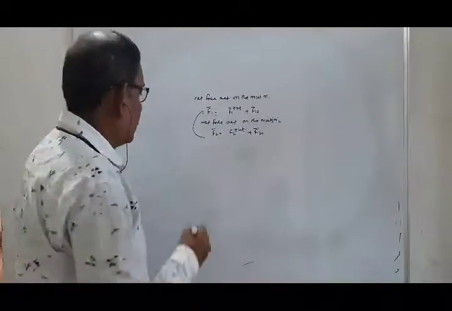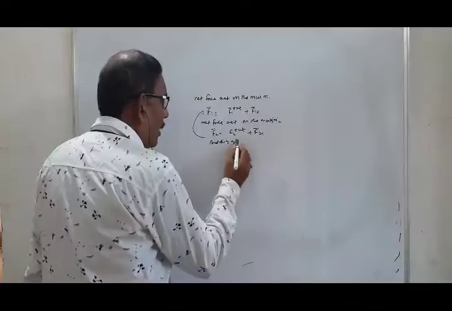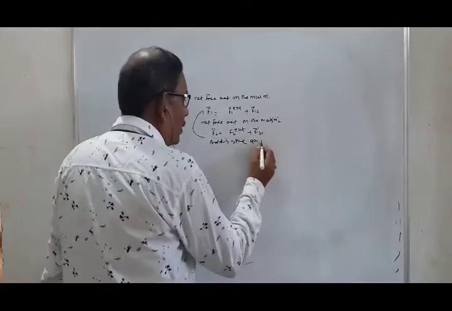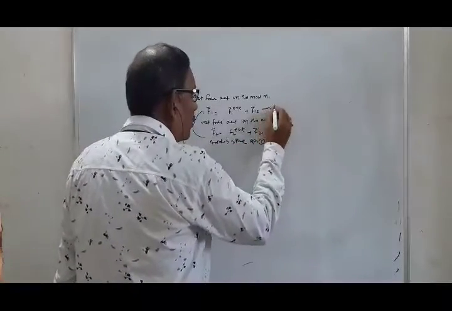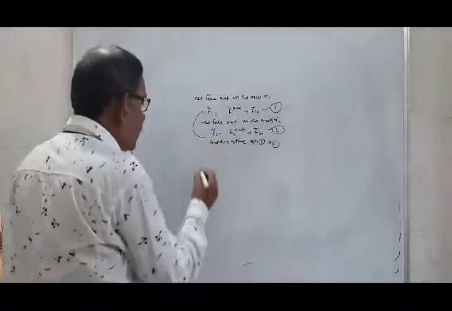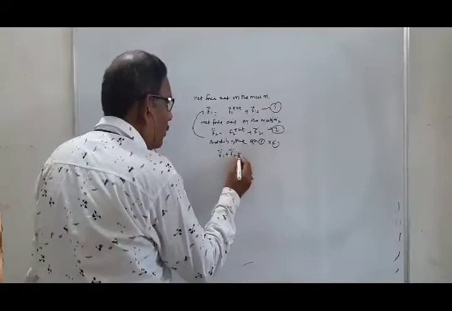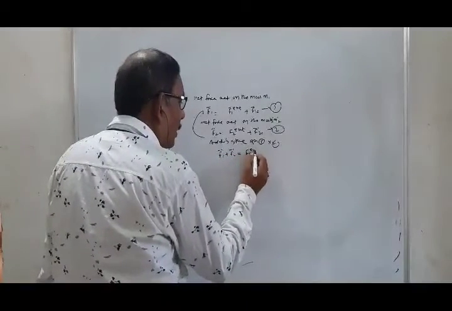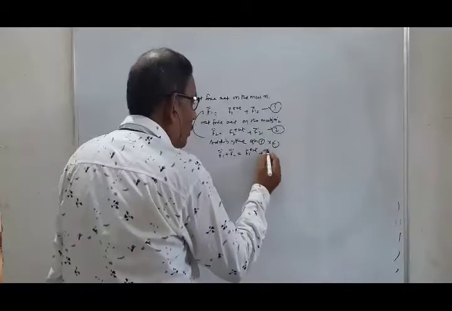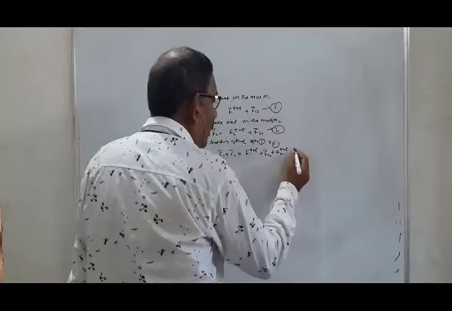Adding these two equations, equation 1 and equation 2, we get F1 plus F2 equals F1 external plus F12 plus F2 external plus F21.